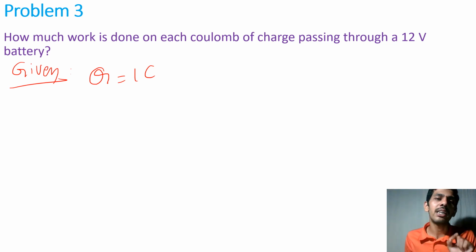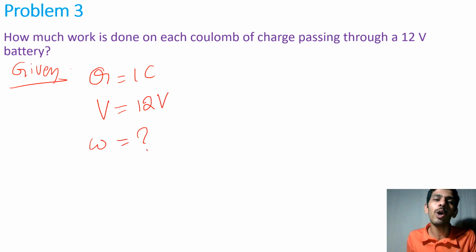That is why Q is equal to 1 coulomb passing through a 12-volt battery. So 1 coulomb of charge is flowing through which battery? A battery of potential difference 12 volt. So the work done on a single coulomb of charge is asked. So what is the formula?